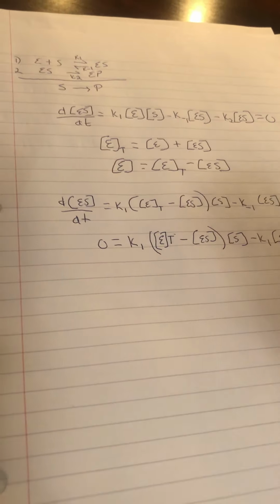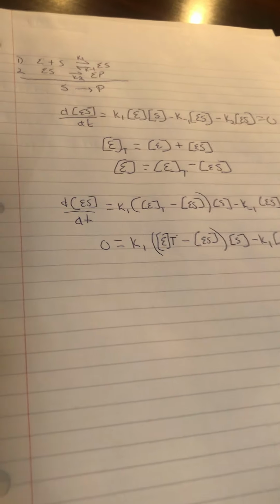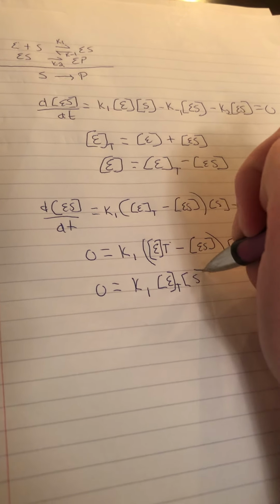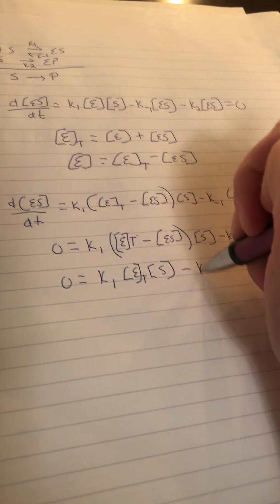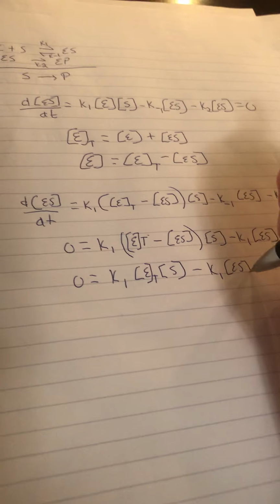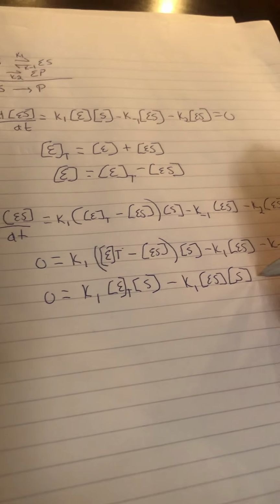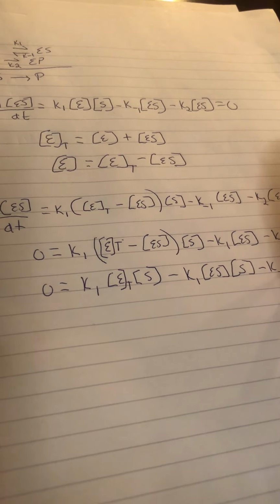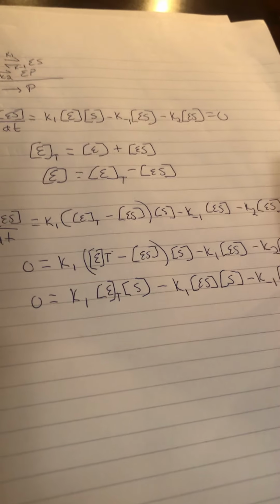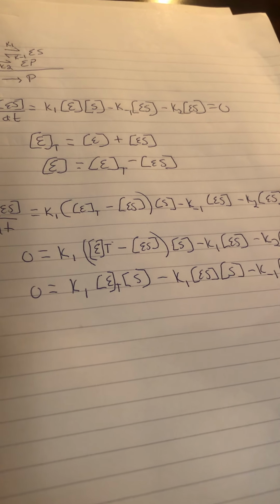After distributing our K1 and our S, we are left with 0 equals K1 times ET times S, minus K1 times ES times S, minus K negative 1 times ES, minus K2 times ES.